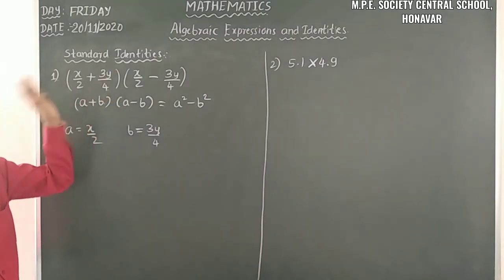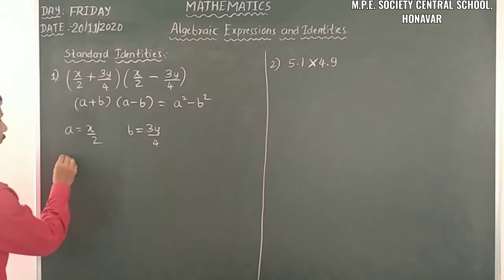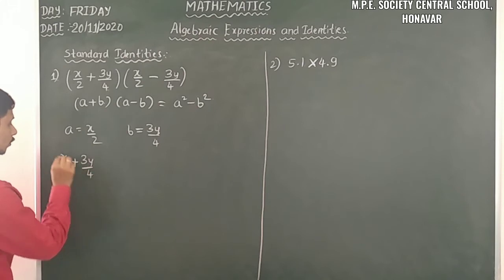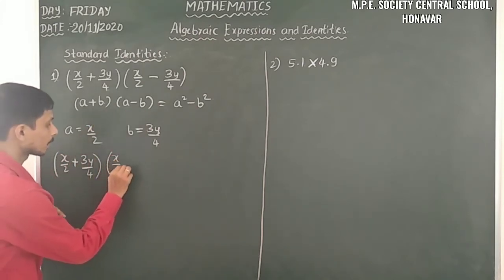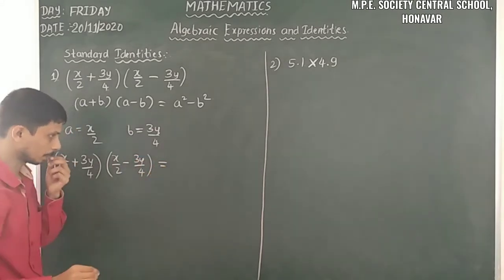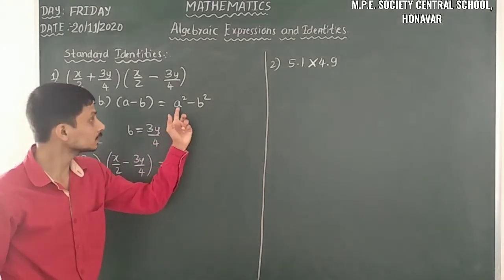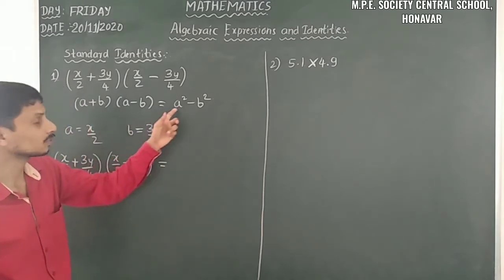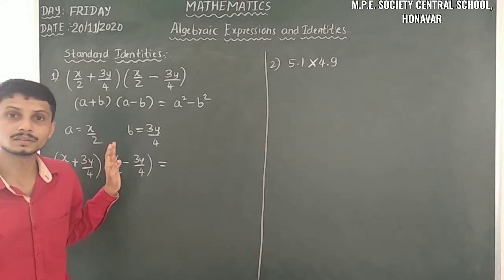So it turns into this equation in the LHS. Let us take that: (x by 2 plus 3y by 4) into (x by 2 minus 3y by 4) is equal to a square minus b square. In place of a we have to substitute its value, don't write blindly.